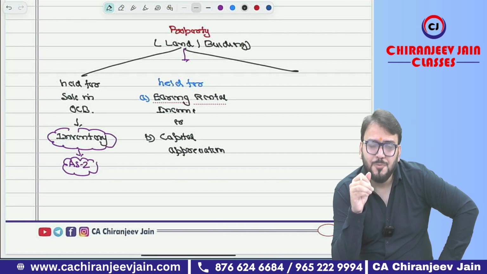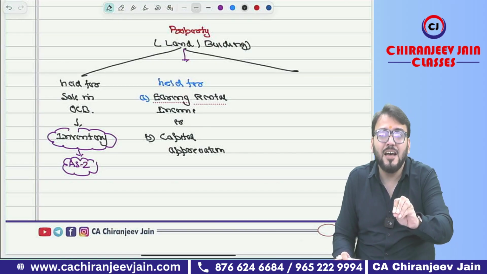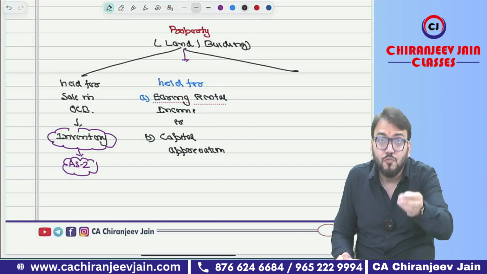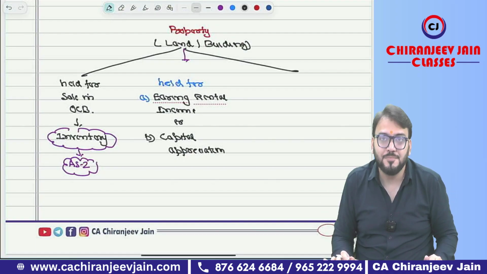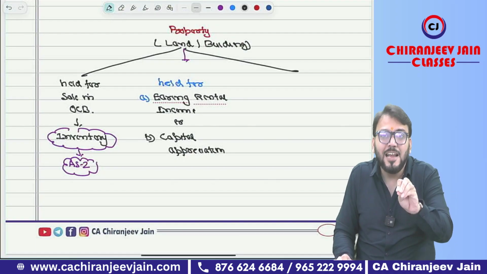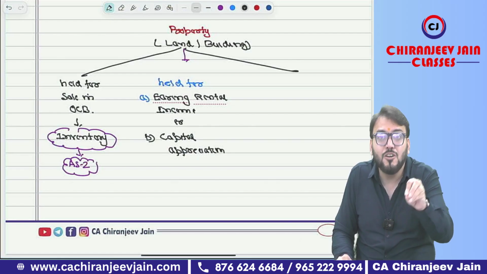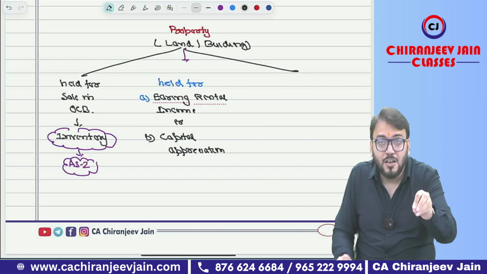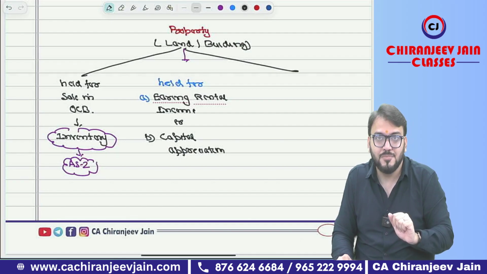Normally, if you are doing business, you might have some idle cash. So you may have invested in some land and building, which might not be used for your business purpose. Means you have some spare land and building. So if you have some spare land and building, what do you do? You may generate some rental income by giving that land and building on rent. Or you might hold some land and building for capital appreciation.